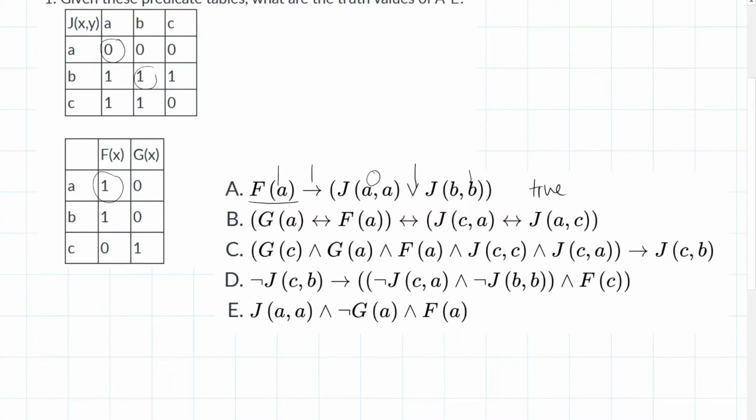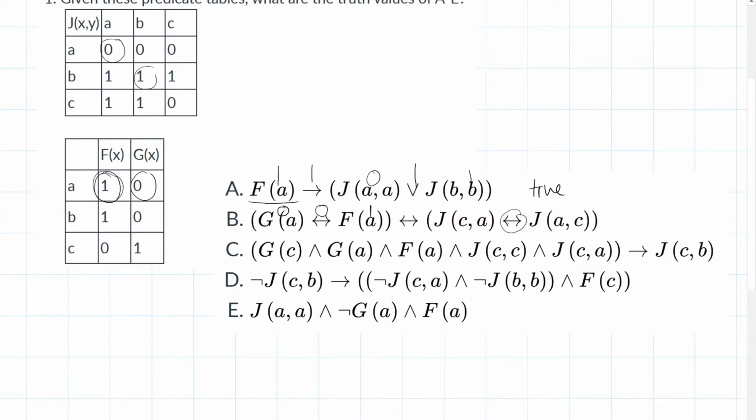For B, we have a lot of if and only ifs, so let's read the values of the tables first. So GA is 0, while FA is 1, is true. So the value of this biconditional is 0 because they're not the same.